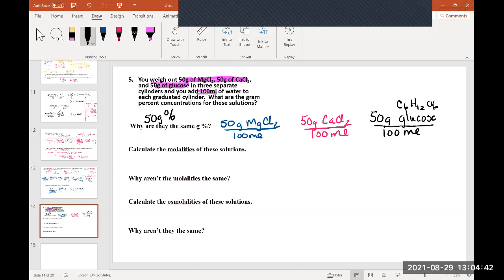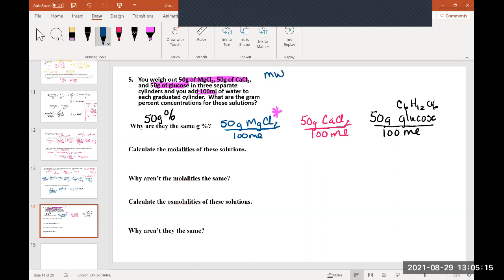So now we need to calculate the molalities of these solutions. Well, on this page, I'm going to do magnesium chloride. And on the next 2 pages, I will tackle calcium chloride and then glucose. First of all, in order to do this conversion from grams percent to molality, I need to know molecular weight.